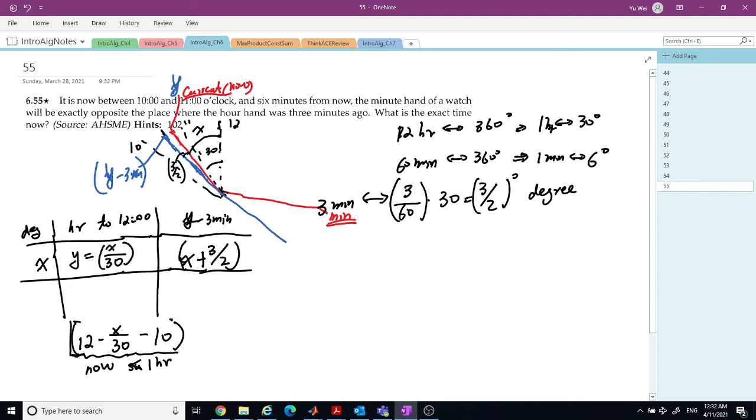So let's calculate the angle of the minute hand, Z. Z equals 60, converting the hour to minutes, times 6. This is the degree of the minute hand now.